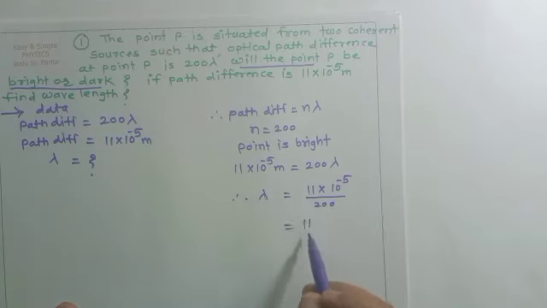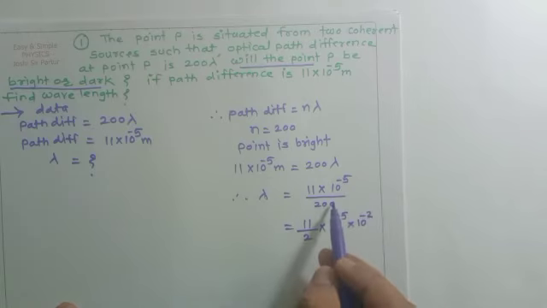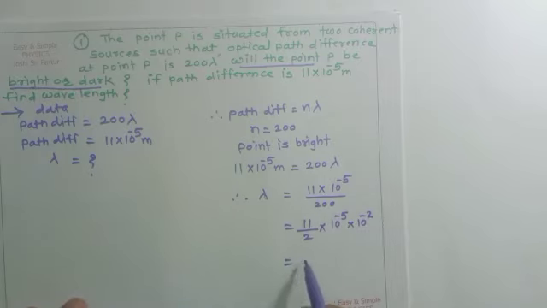It will be 11 upon 2 multiplied by 10 raised to minus 5 into 10 raised to minus 2. So it will be 5.5 into 10 raised to minus 7 meter, means 5500 into 10 raised to minus 10 meter, means wavelength of given light will be 5500 angstrom unit.